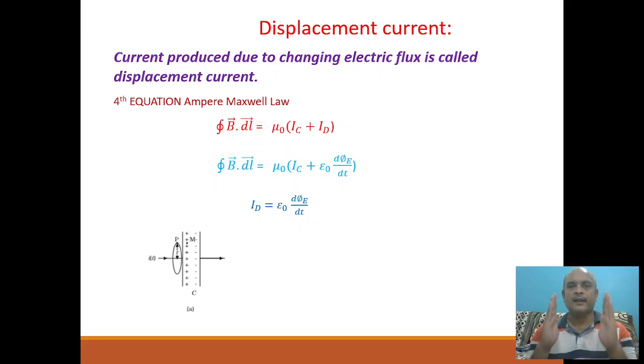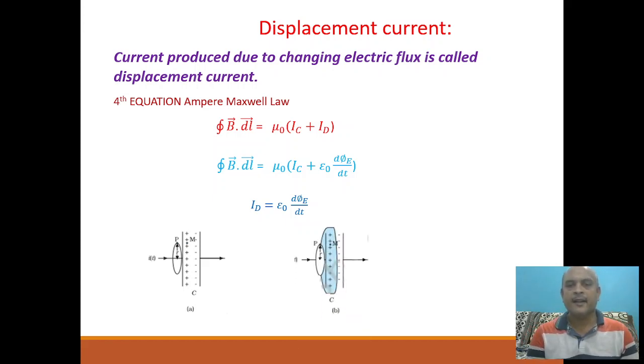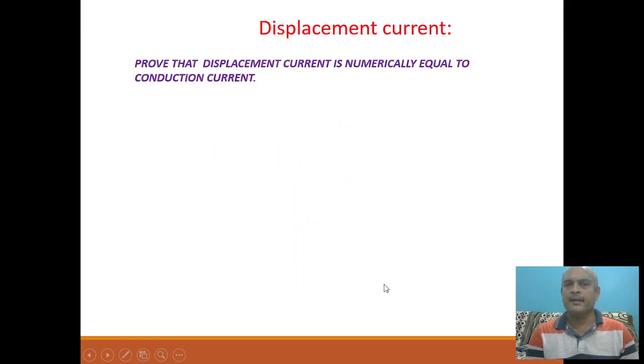So which current can be identified between the plates of the capacitor? Here, between the plates, the charge and electric flux are changing. The changing electric flux can be categorized as displacement current, and we know that in series current remains the same, so conduction current may be equal to displacement current.